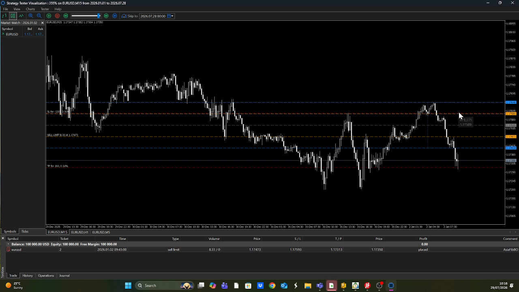It will set an order here to buy to continue up, and if it breaks out of here it will go to 25% of the Asia session and set a sell limit here to continue down. So ultimately it's just a break and retest strategy.